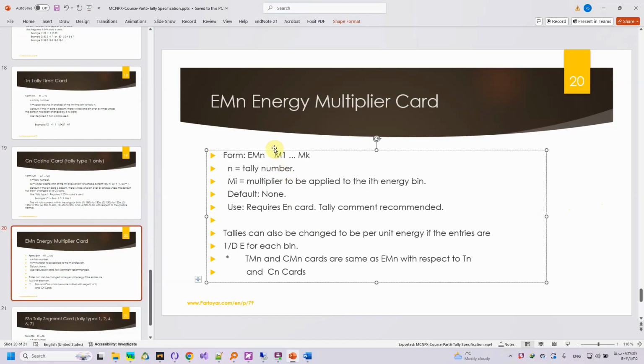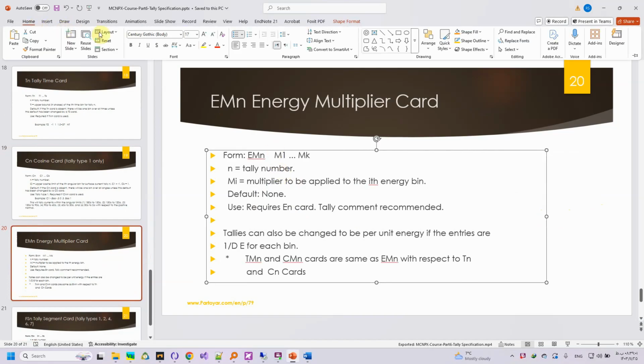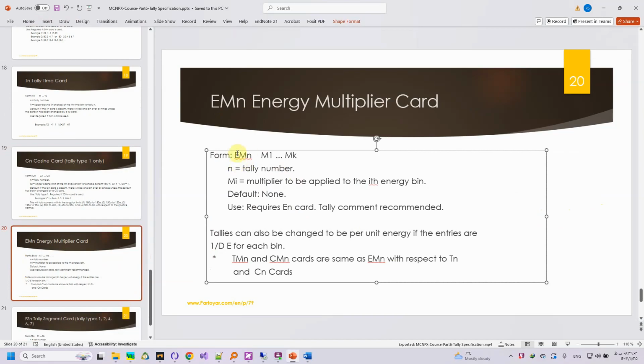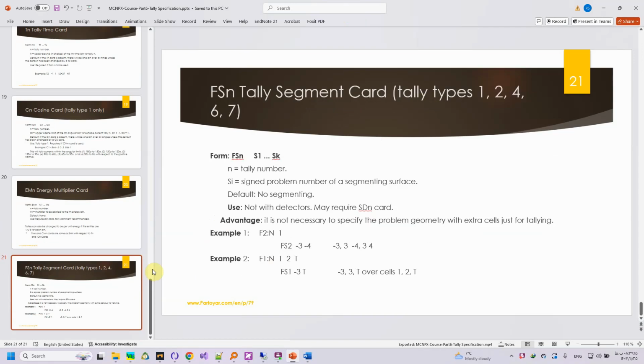Another and last important card related to the tally is the EM or energy multiplier card, a card with which we can print the result of output or multiply the result with a specific card.